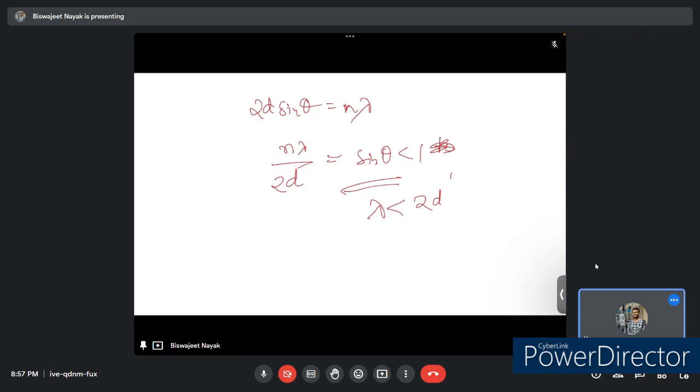So for example, a crystal cannot diffract UV radiation of wavelength 500 angstrom. So these are some boundary conditions on lambda, which determine what type of radiation we can use and what kind of result we can get with a given material.